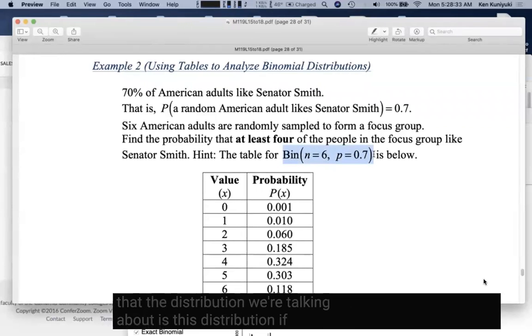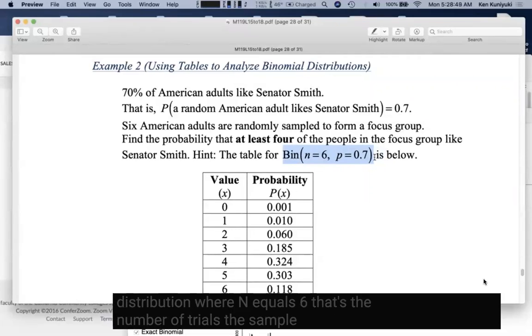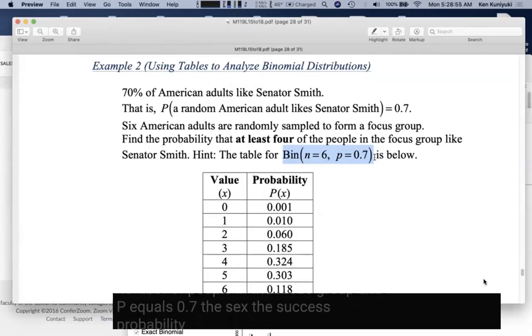If we let X be the number of people in the focus group who like Senator Smith, then X has a binomial distribution where n equals 6, the number of trials, the sample size, the number of people in the focus group, and p equals 0.7, the success probability per American adult.